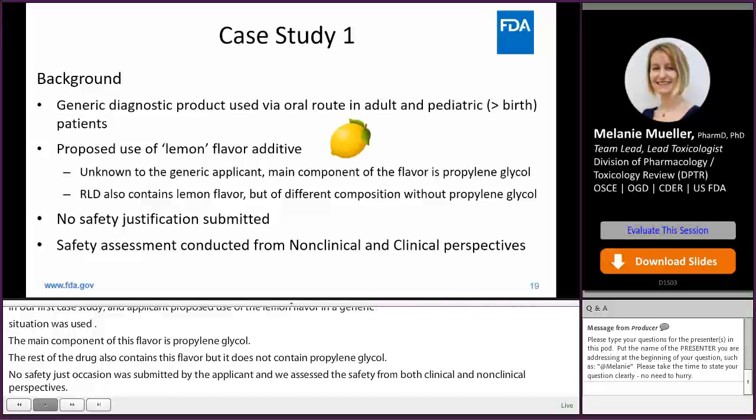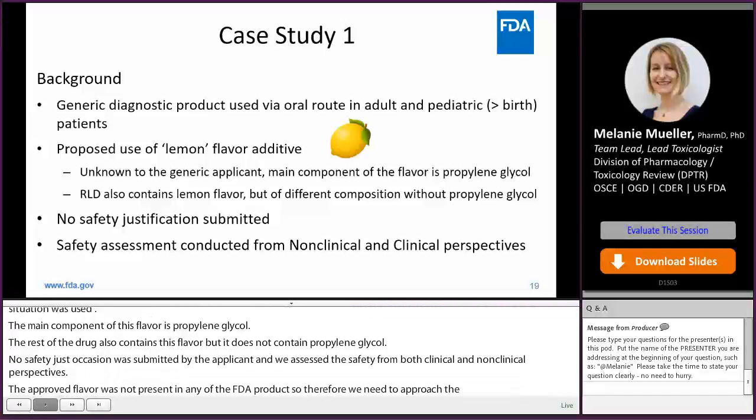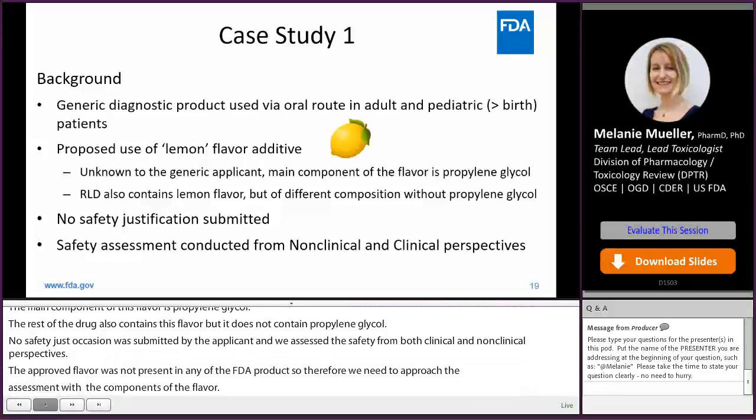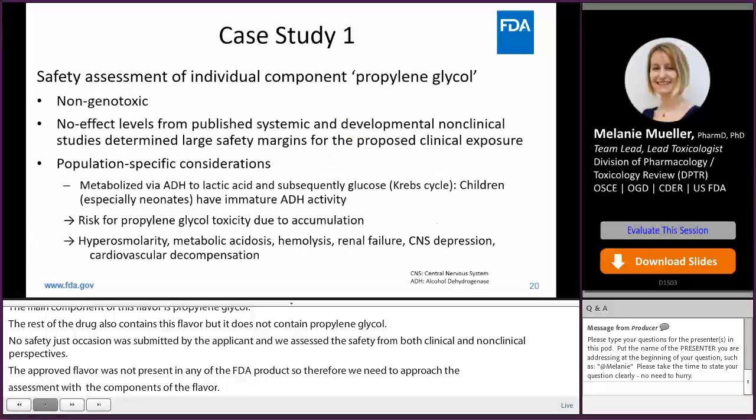During an initial assessment, we found that the safety of all components except for propylene glycol could be qualified via prior findings of safety identified in FDA-approved products with a similar context of use. Hence, the only component that's left to assess for safety was propylene glycol.